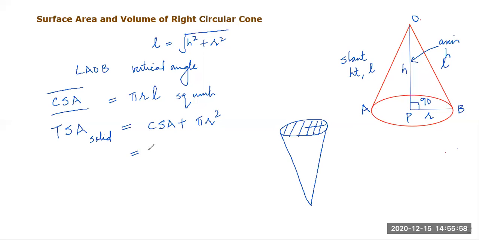So total surface area would be pi r l plus pi r square. Pi r is common, so we have pi r into (L plus R) as the total surface area of a solid cone. There is nothing like total surface area in case of a hollow cone. In case of a hollow cone, the curved surface area is the total surface area.